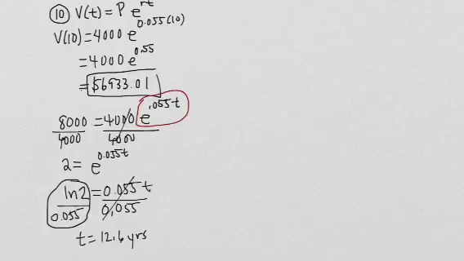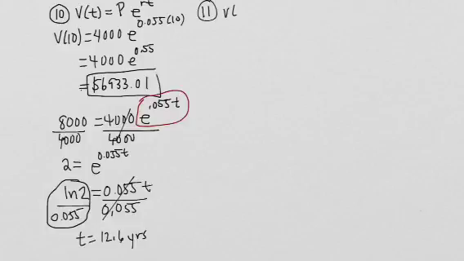For number 11, let's do it here on the side. For number 11, you have the principal amount of $5,800 earning 7.5% interest compounded semi-annually. So this is not continuously, so you cannot use the formula that we did for number 10.